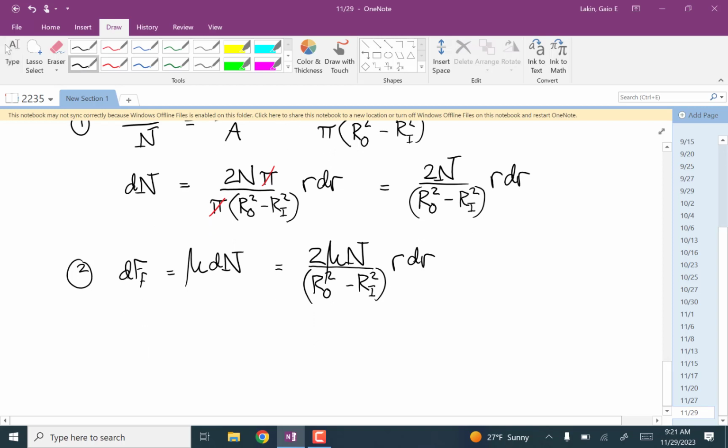The moment arm of that friction force is r. So the infinitesimal moment applied by this ring couple is 2 mu N over R outer squared minus R inner squared times r squared dr.